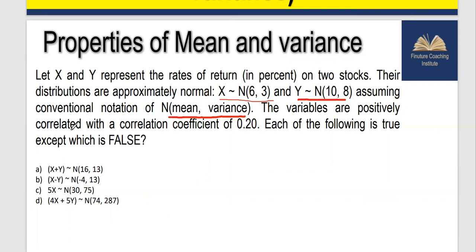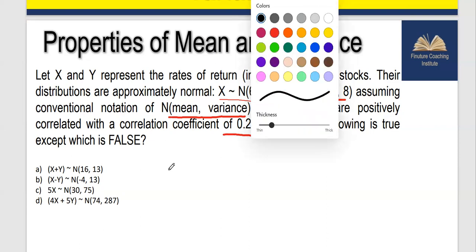The variables are positively correlated with a correlation coefficient of 0.2. So let me summarize the information that we saw so far.